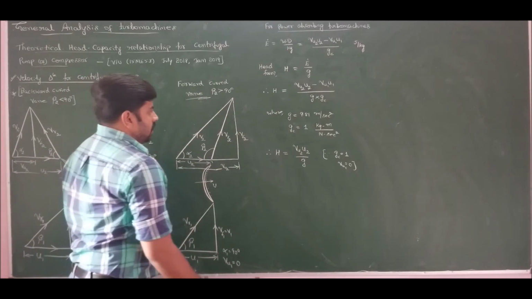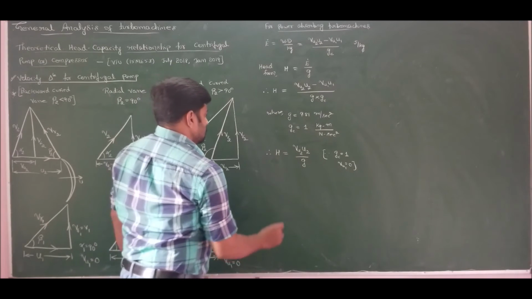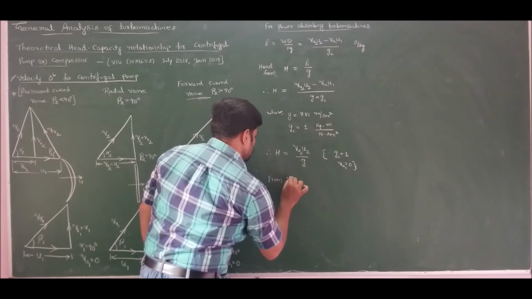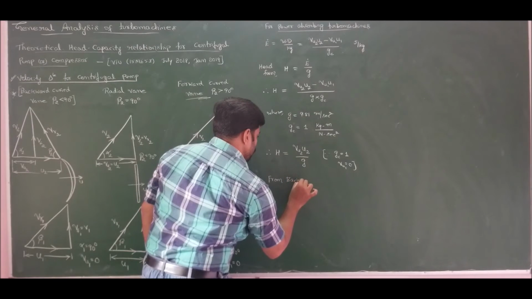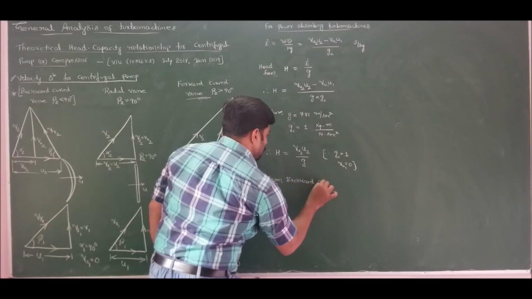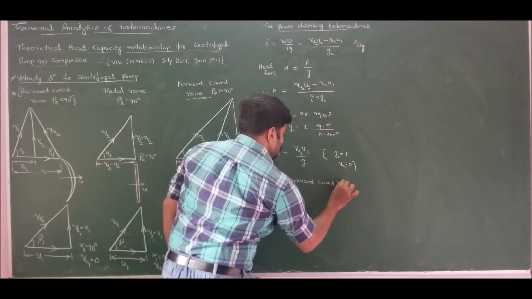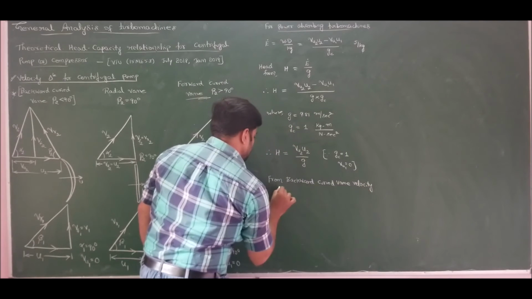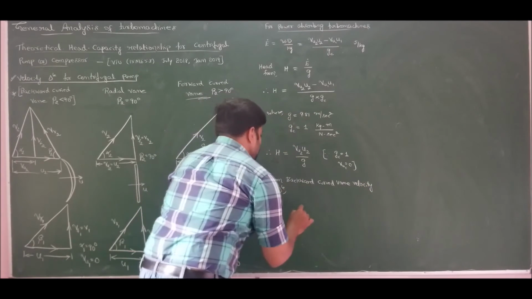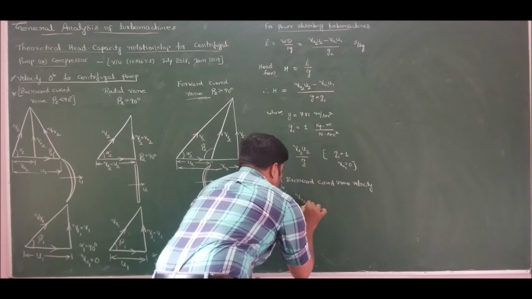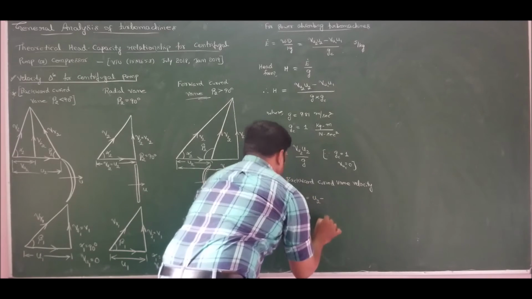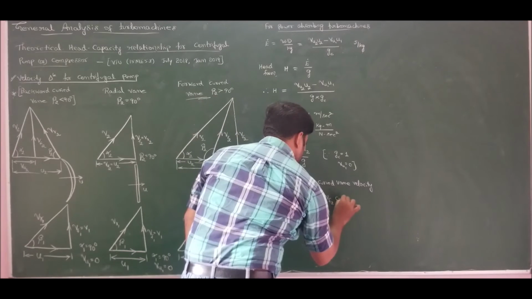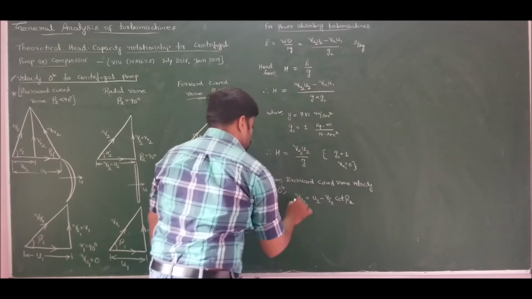Now, as I said, from the backward curved vane default velocity triangle, VU2 can be written as U2 minus VF2 cot beta 2.